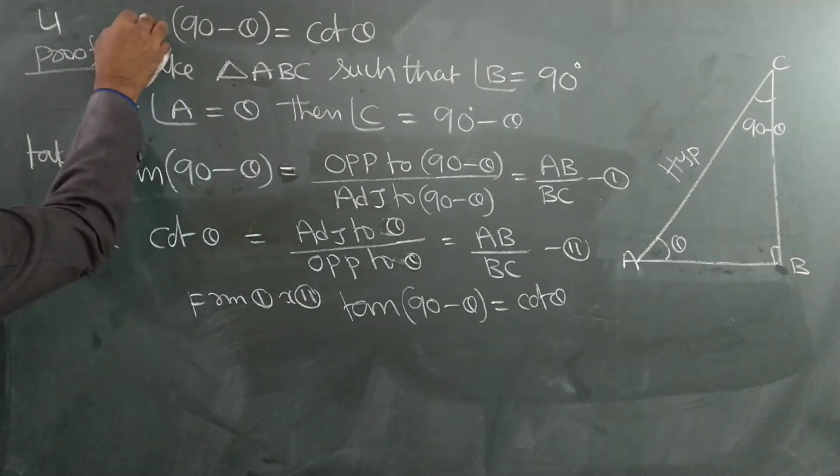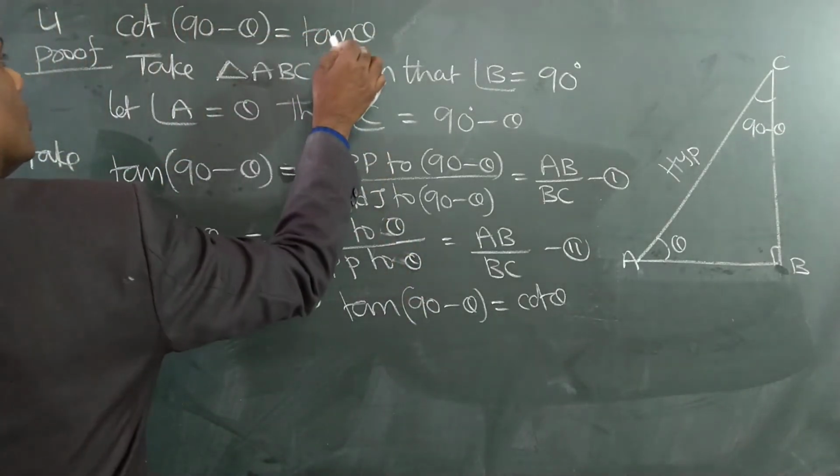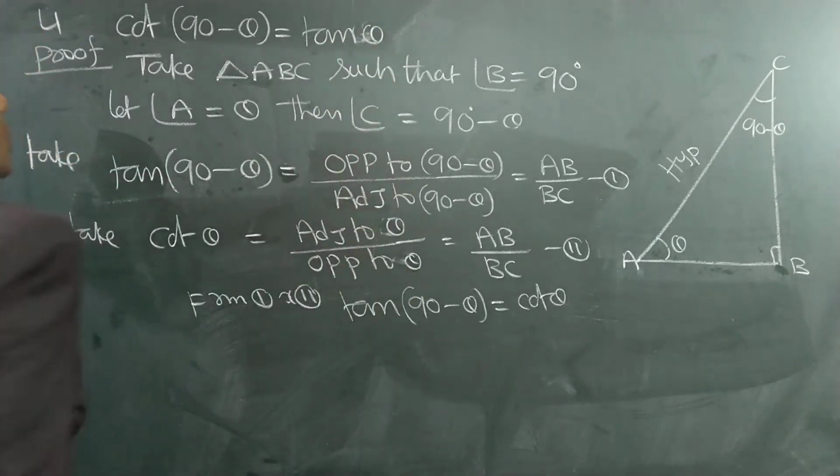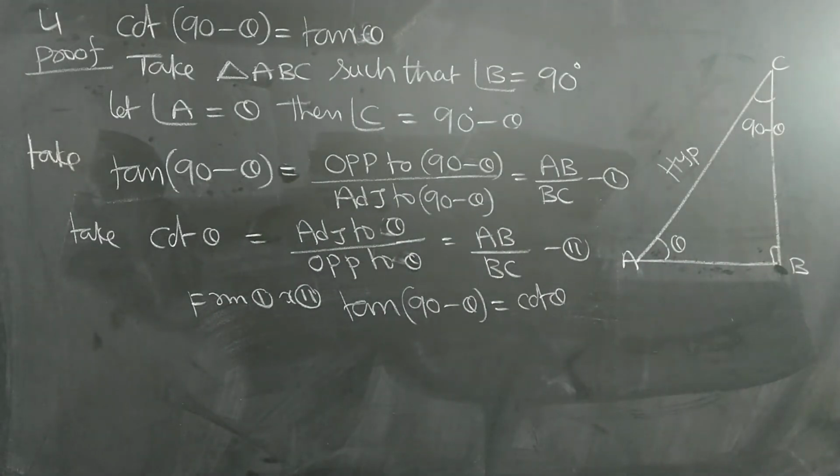Do this fourth one. Fourth formula: cot 90 minus theta is tan theta.